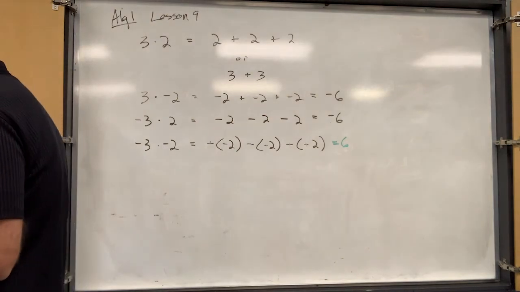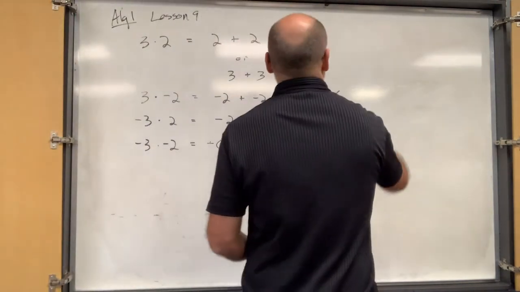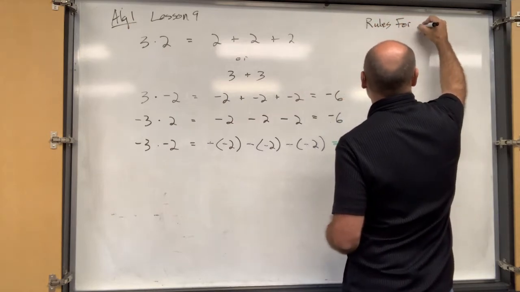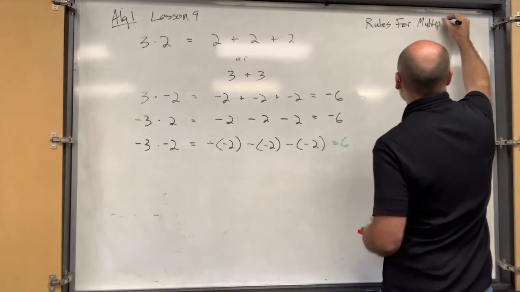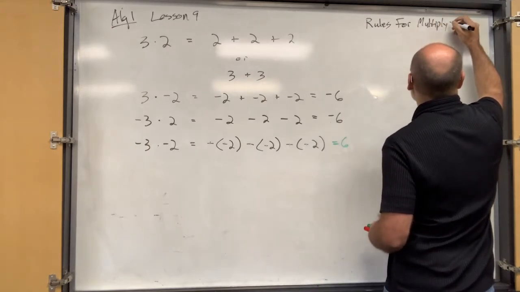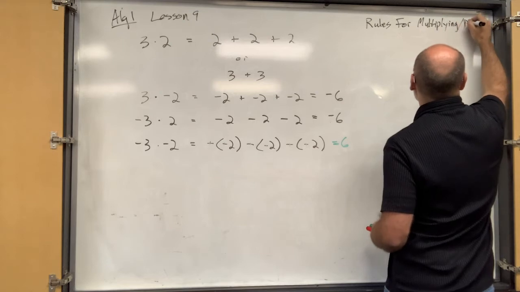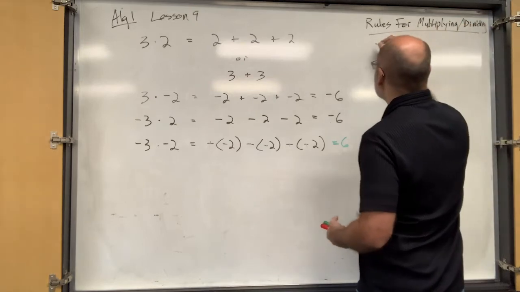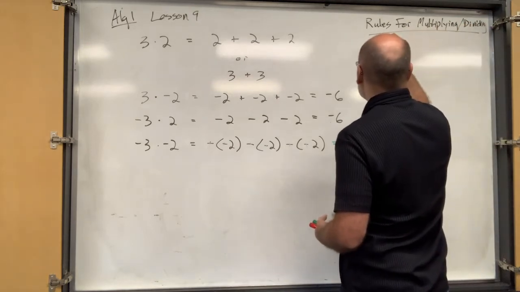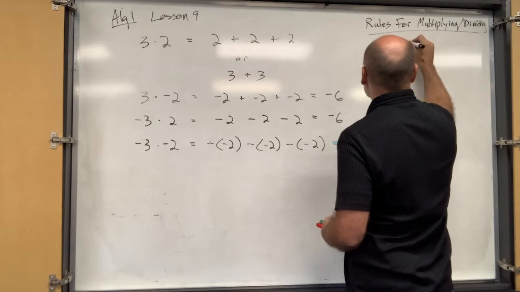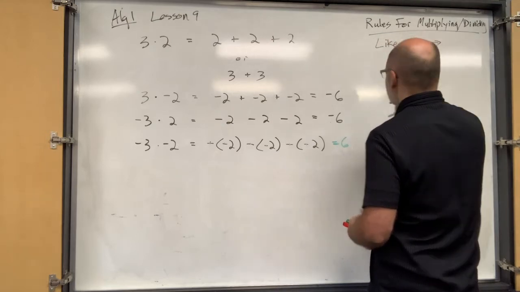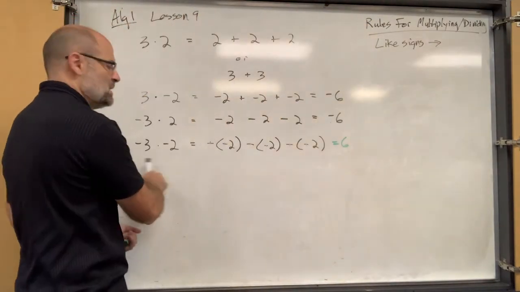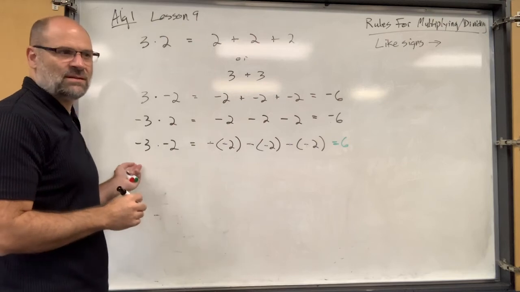All right, so here are the rules. These are the rules for multiplication, but really, they're the same rules for division. Multiplying and dividing. So basically, if you have the same signs, or like signs, what's the answer going to be? If it's a positive times a positive or a negative times a negative, see how these are the same signs?